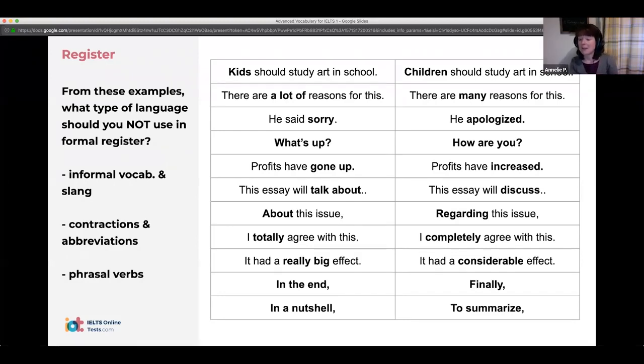If you're doing the informal letter for General Training, then you can use these informal phrases. We're going to look a little bit more closely at idioms in a moment, so I won't talk too much about that. Expressions, Shane, if they're idiomatic expressions, you want to be very formal, very precise with your writing.